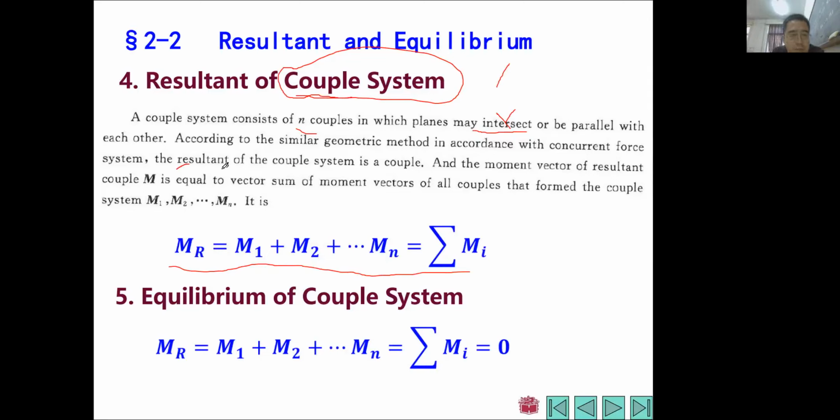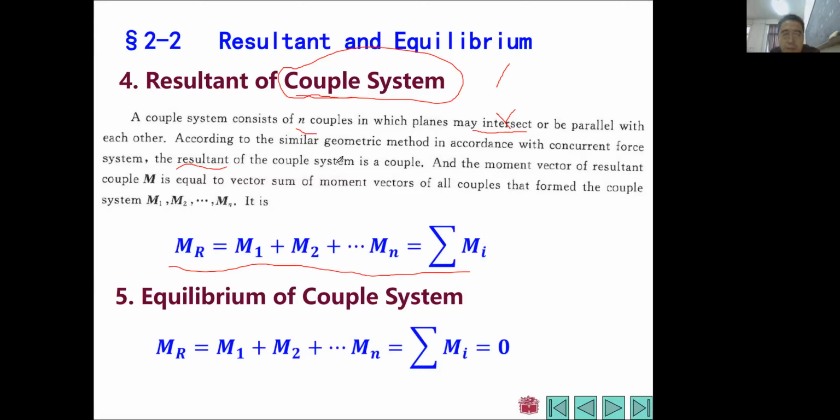So what does resultant mean? It's more simple and it has the same effect on the body system compared to the original system.